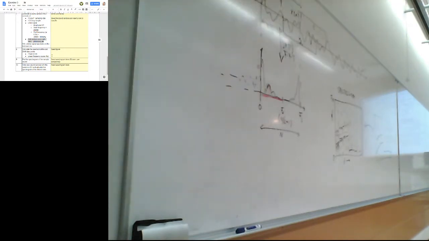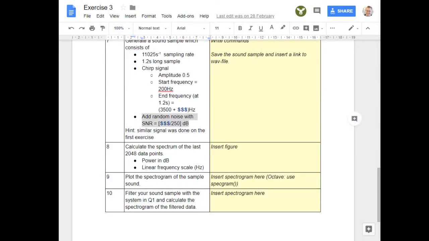Then we'll take a look at what all of this looks like in MATLAB or the competing software, depending on if it works or not. All right, so there we go.